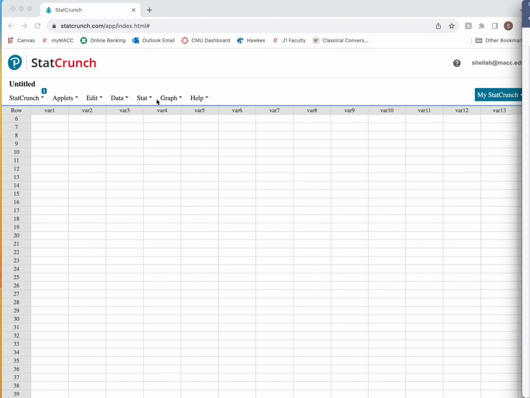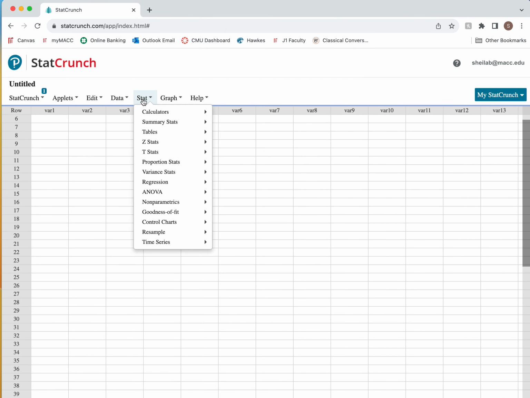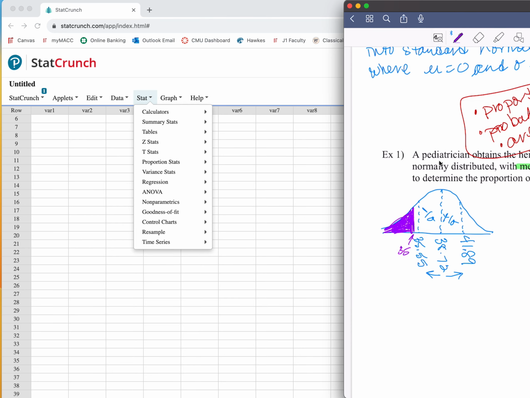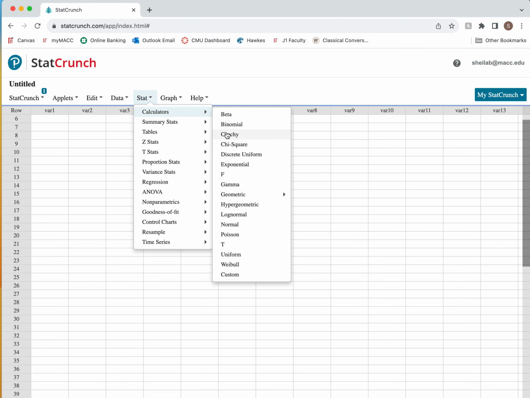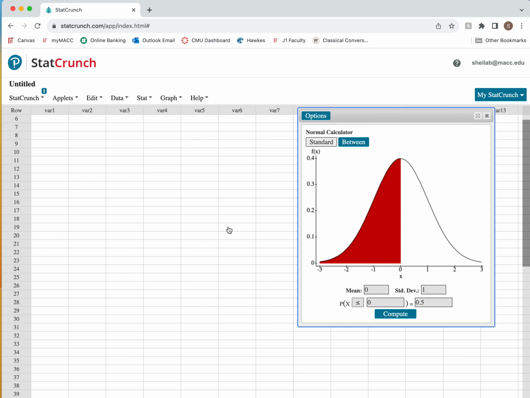Now, this is called normal distribution, right? This is normally distributed. So when I go to my calculators, I'm going to hit normal because it's normally distributed. Now look at this.